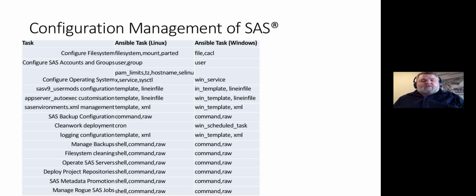As you can see, when you look at the types of tasks that are involved, one, there are different tasks depending on your operating system, and two, there's a lot of overlap. So in particular, things like executing shell commands or operating system commands, templating, and using the services modules, you can go quite a long way in your SAS v9 configuration by mastering those.